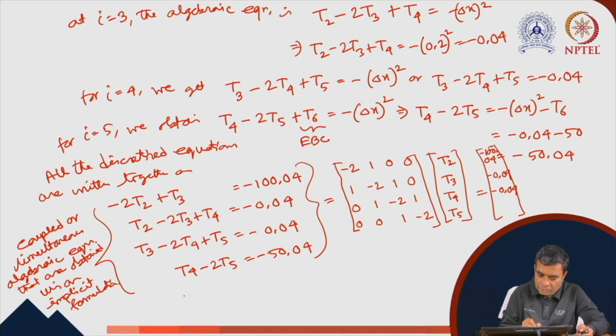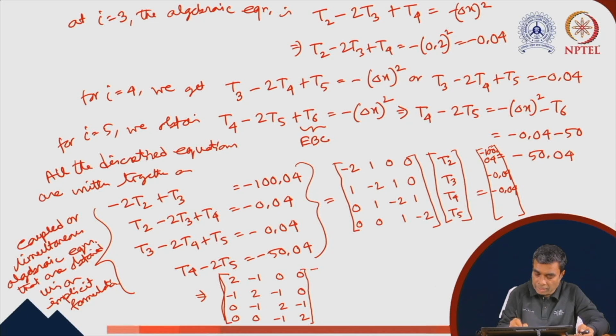So we can rewrite this matrix equation system again as 2, minus 1, 0, 0; minus 1, 2, minus 1, 0; 0, minus 1, 2, minus 1; 0, 0, minus 1, 2. Just to make that diagonal term positive, we have multiplied by minus 1 on both sides. So we have T2, T3, T4 and T5.